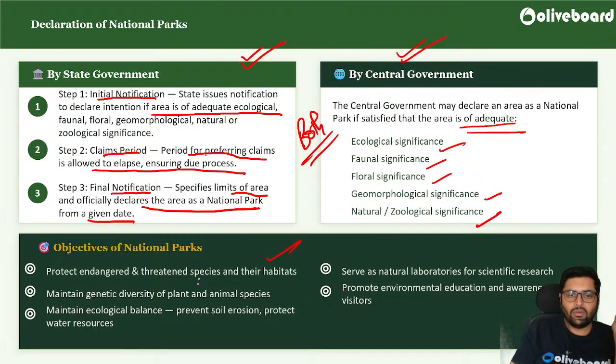Obviously, to protect endangered and threatened species, to maintain genetic diversity, maintain ecological balance, prevent soil erosion, protect water resources. Correct? Serve as natural laboratories for scientific research, and to promote environmental education among visitors. These are the purposes of a national park.